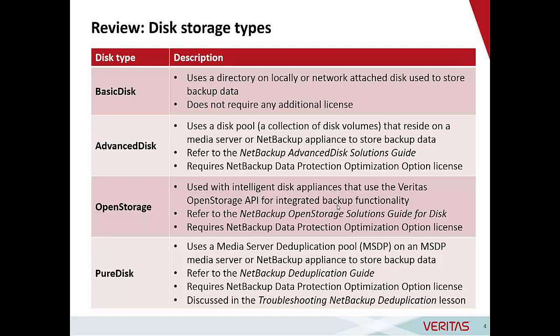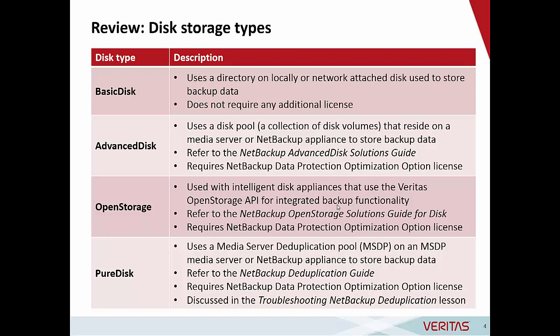NetBackup appliances tend to offer better performance and significantly larger capacity than build-it-yourself MSDP pools. Open storage, which was the third row here on the slide, is really an API which the NetBackup master server supports, which allows third-party non-Veritas vendors to have disk appliances which communicate with the NetBackup master server and have access to some of NetBackup's functionality.